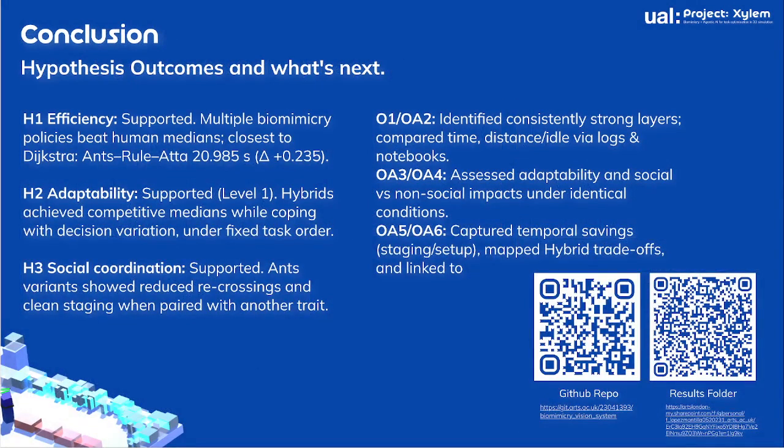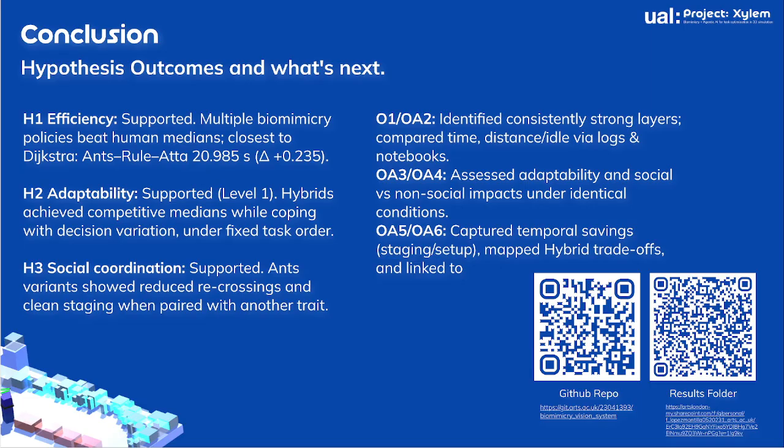So in conclusion, our first hypothesis is supported as the multiple biomimicry policies beat the human medians. The Atta rule comes closest to Dijkstra. Our second hypothesis holds in level 1 as well. Hybrids balance the rules' stability with the LLM flexibility, while also keeping up with the speed that the rule set provides.